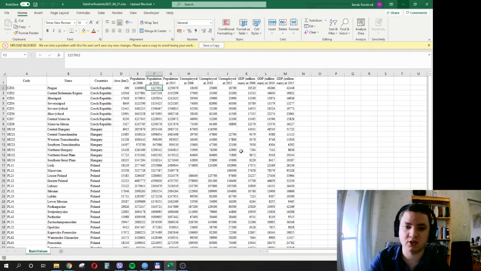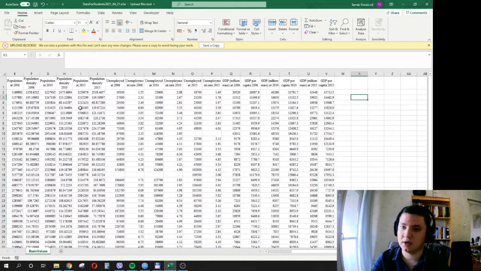We are going to calculate the R-square values between the population density and the GDP per capita, and between the unemployment rate and the GDP per capita.